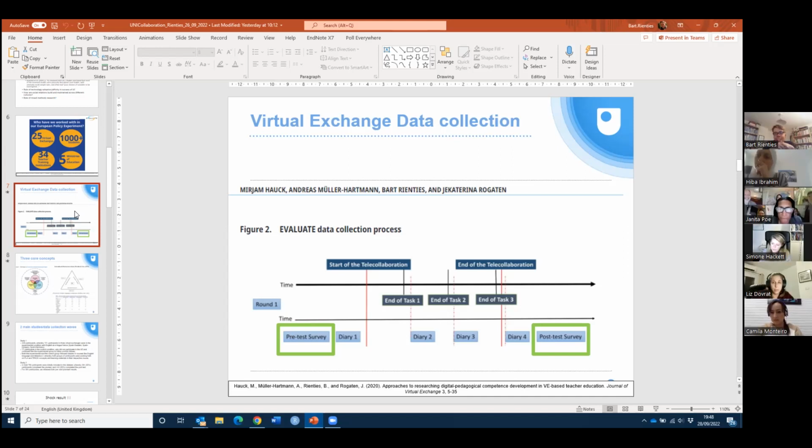So purely from an engagement perspective, you would guess that because this experimental group spent more time, they would develop more intercultural skills and also more technology skills. But from a statistical point of view, that didn't seem to be the case.